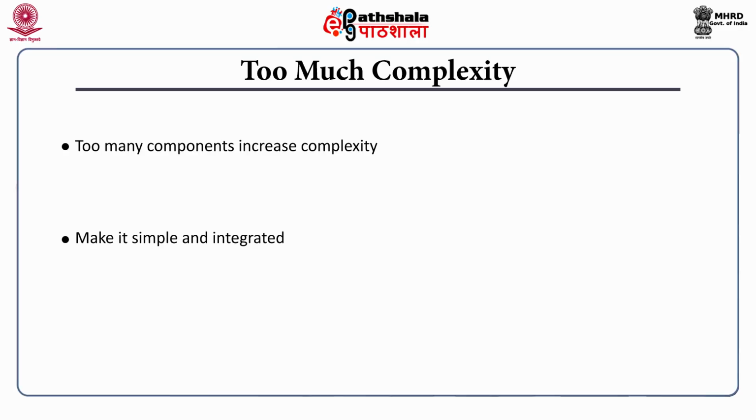It is advisable to keep the various components simple and integrated. Each component of the system should be treated equally important, and giving too much weightage to a particular component could turn the system ineffective.